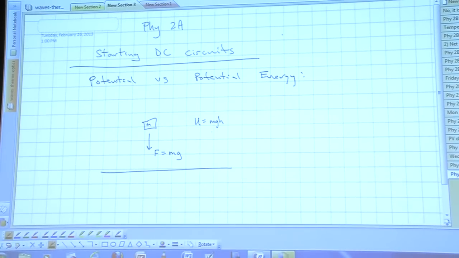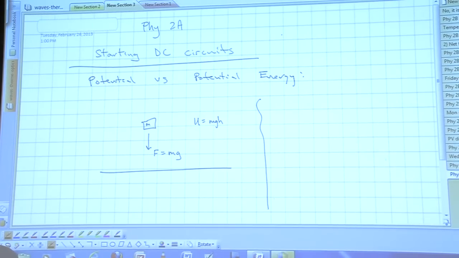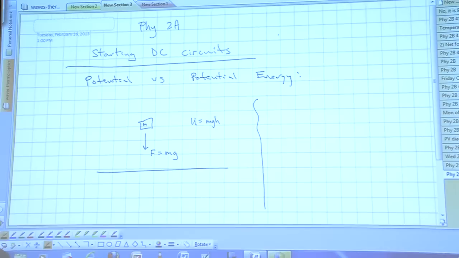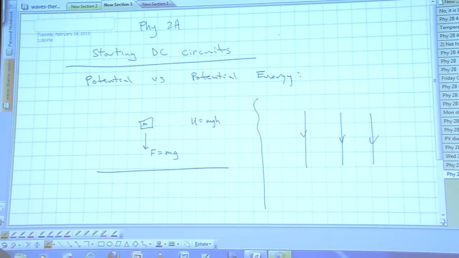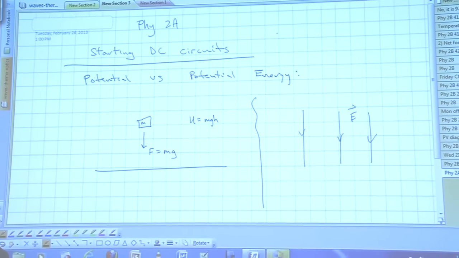Little g is the gravitational field. How do we find the force? We multiply the mass times the field, g. So with a charge in an electric field, there's our electric field. I'll make it a positive charge.